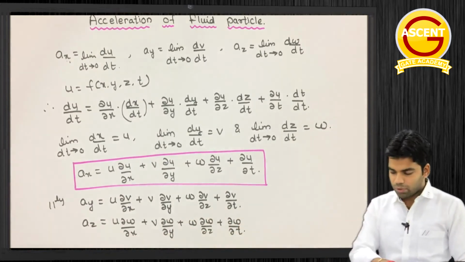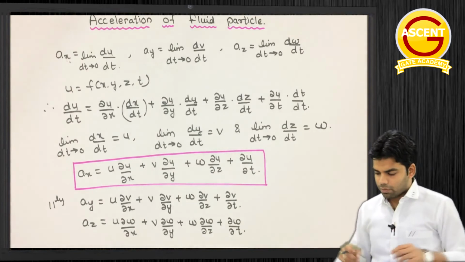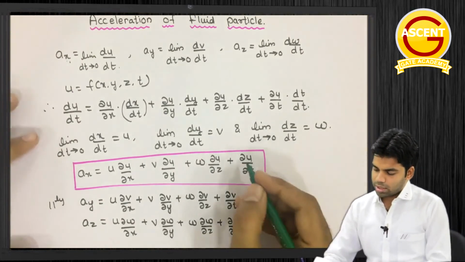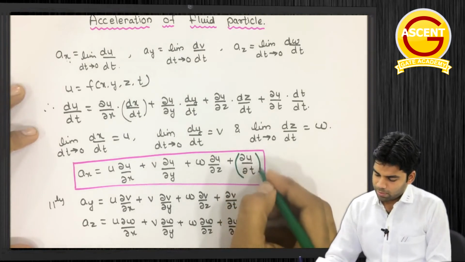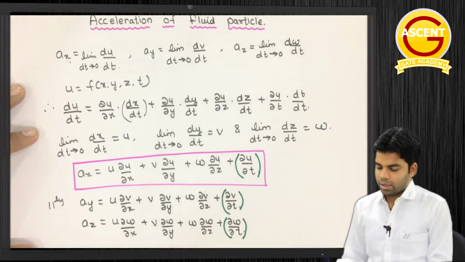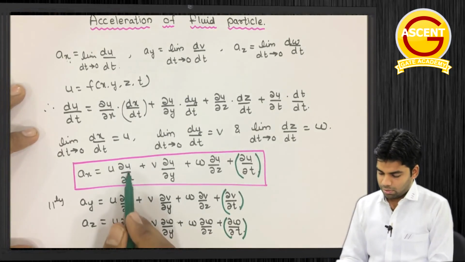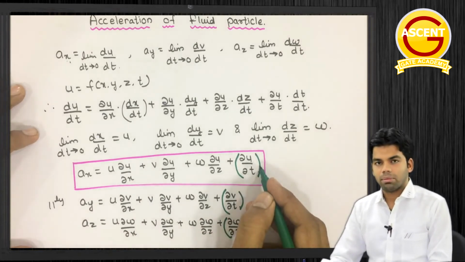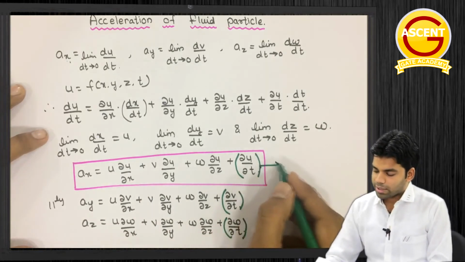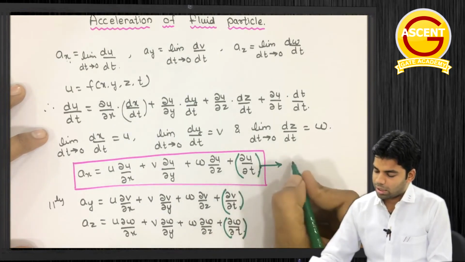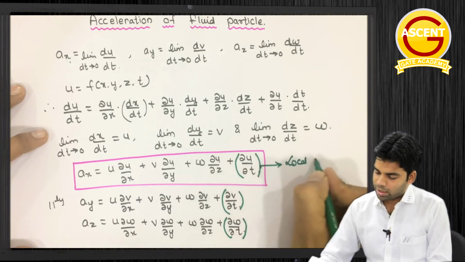Now you can note one thing here, that we have two types of terms. First is the change in velocity with respect to time, del u by del t, del v by del t, and del w by del t. And second is the change in velocity with respect to space coordinates. The change in velocity with respect to time, del u by del t, del v by del t, and del w by del t, is called the local acceleration.